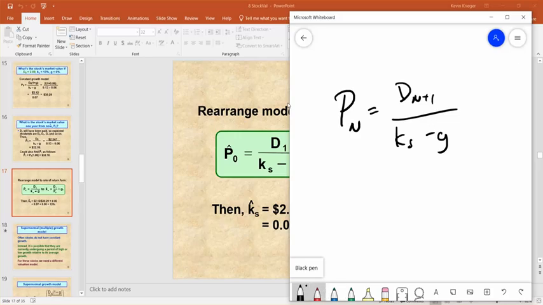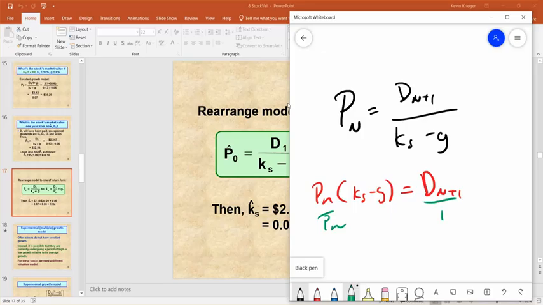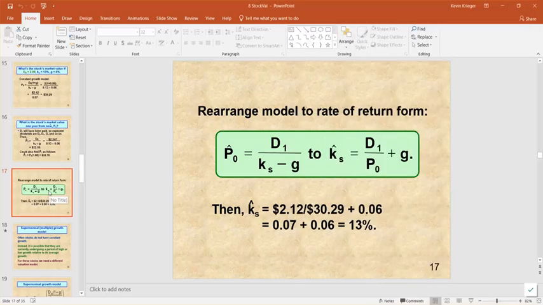So to me, this is just saying, hey, multiply both sides by Ks minus g, Dn plus 1, divide both sides by Pn to clear that off, and then add the g to both sides to get this expression. But one of those special cases is, of course, times 0 for P and 1 for D. And again, realistically speaking, those are the time values which you have the most often to execute this sort of thing.